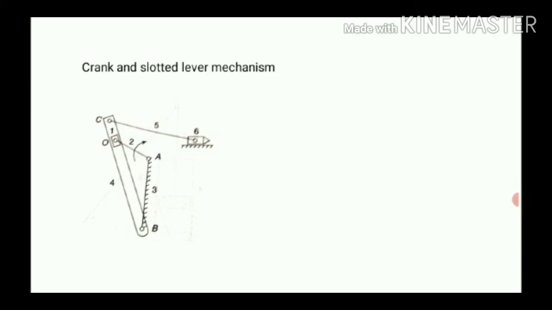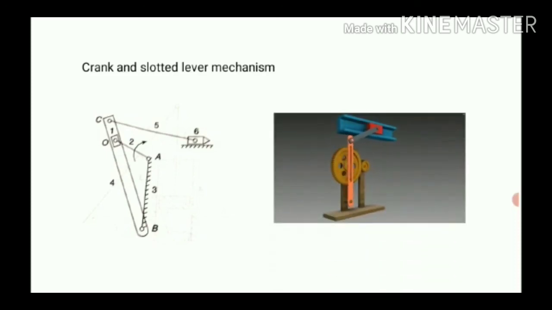The slotted bar is not fixed, it has an oscillatory motion about point B, and the extension link 5 is attached to this mechanism. It transmits this motion to the ram, which carries a cutting tool that removes the material. We can see in the animated figure that the crank makes a complete revolution, the slotted bar has oscillatory motion, and that motion is transmitted to the ram which carries the cutting tool.